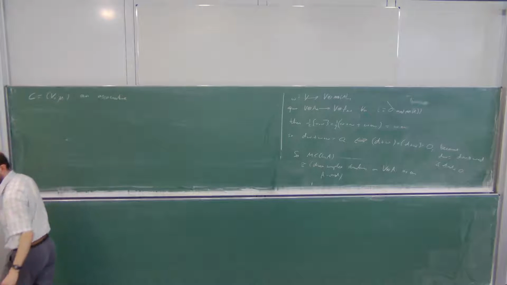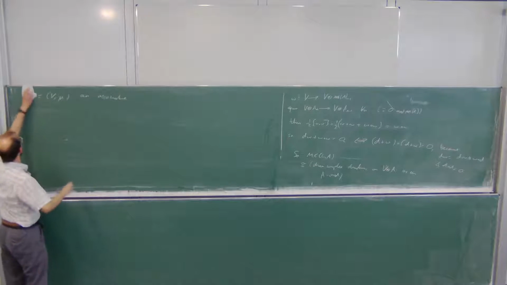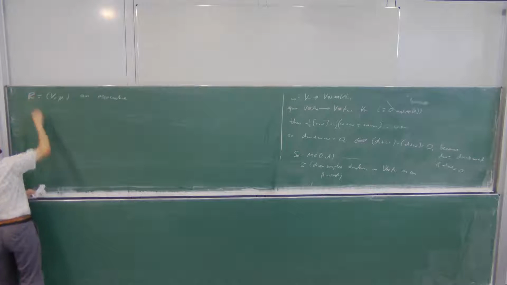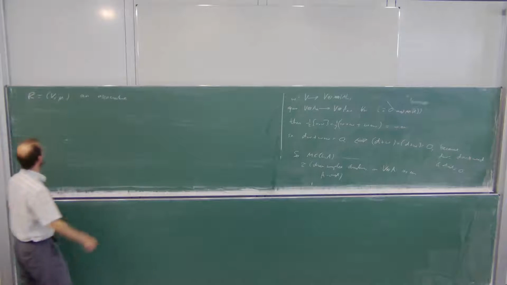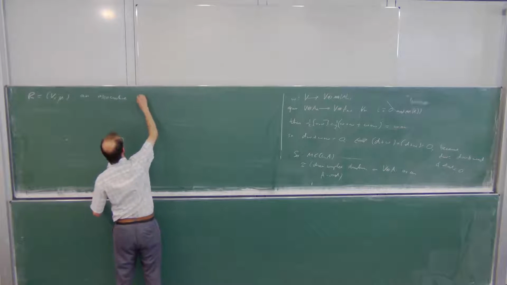Actually, I'll call it R for ring. But R was the base. Is it okay if I use R? So, an associative algebra.